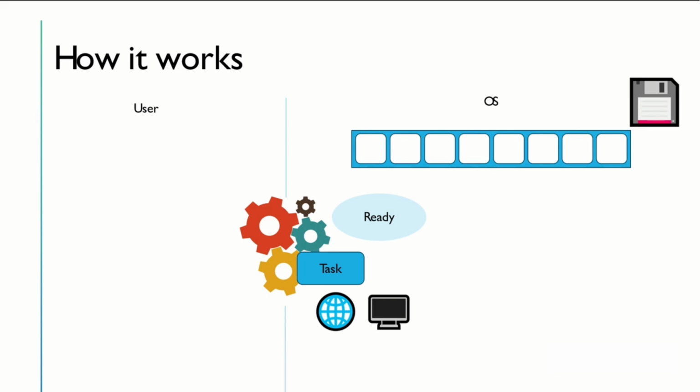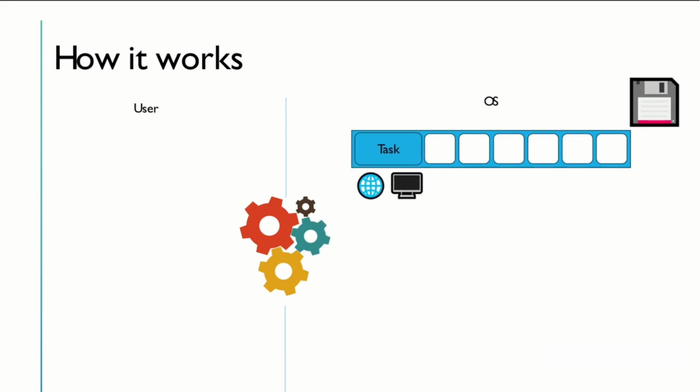Now once it moves into the RAM and the CPU starts processing it, then we call it a running state. When that task is completed and it is leaving the memory or the RAM, then it's a terminated state. So these are the four main states of any task that you're working on.